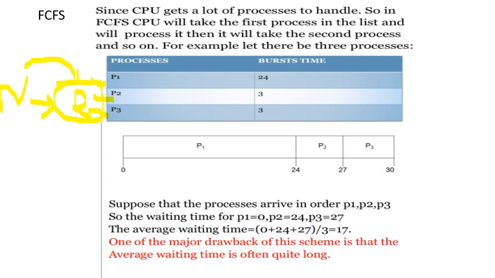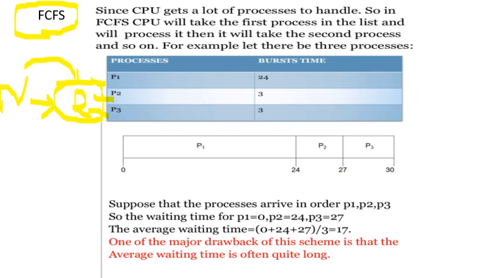At this moment, FCFS defines which process should be picked for execution. Before selecting the process, we should first understand the burst time. Process P1 has arrived at 0.